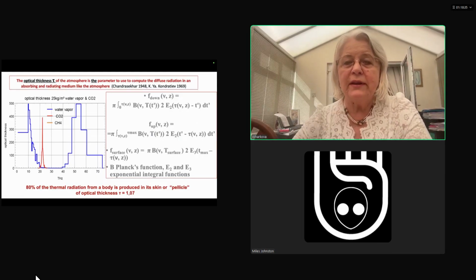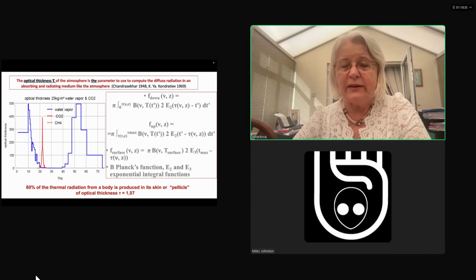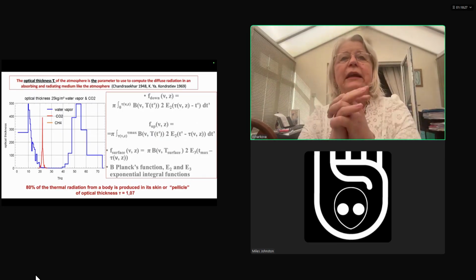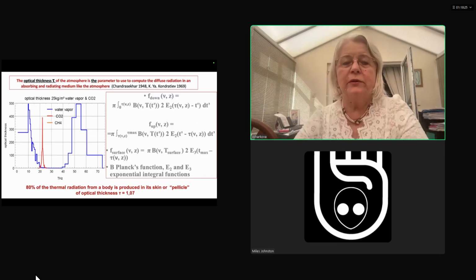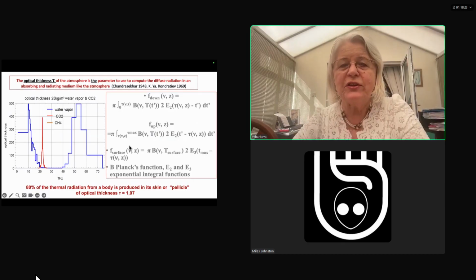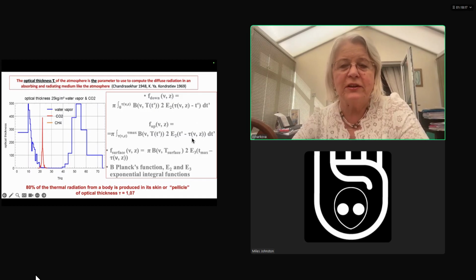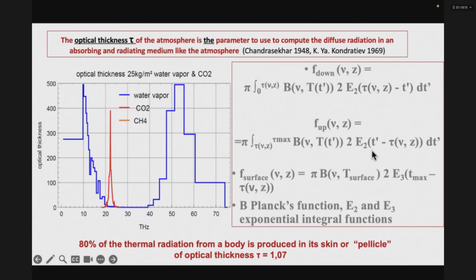But if you have such a large number of particles, you cannot calculate your intensity by simply adding the emission from each molecule. You need to use the radiative transfer formula. You need to integrate it with the E2 function, which is an exponential function, and this exponential function depends on the optical thickness.